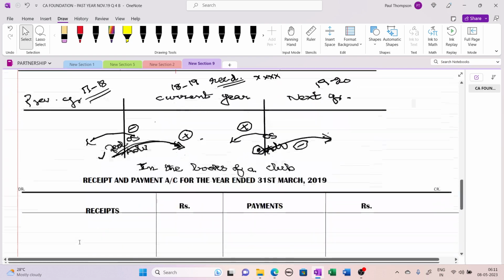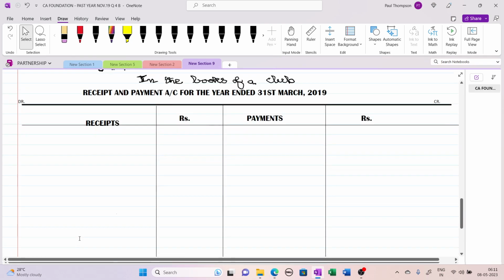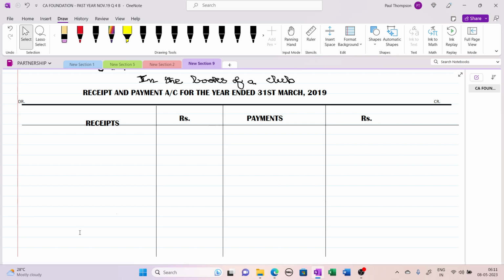So now we are moving on to receipt and payment account. Whenever you are going to prepare the receipt and payment account, your concept clarity should be very, very thorough. First thing is that a receipt and payment account always starts with the opening balance of cash in hand and cash at bank. If it is given cash in hand, you write, both is given, then you write like that.